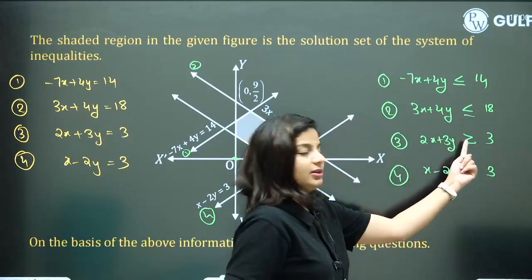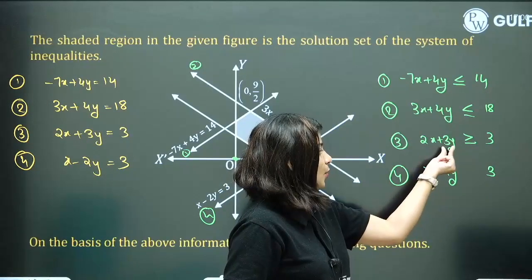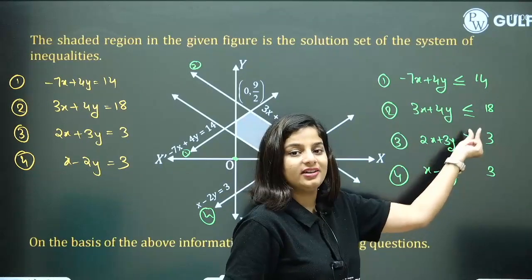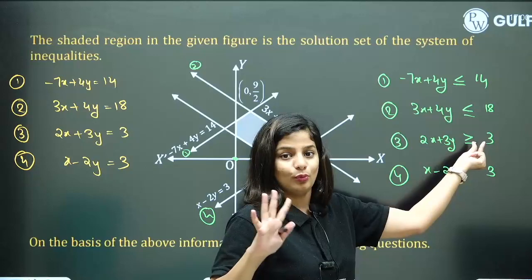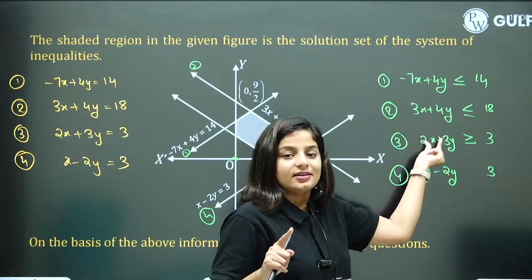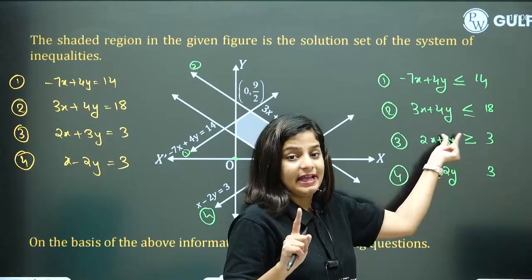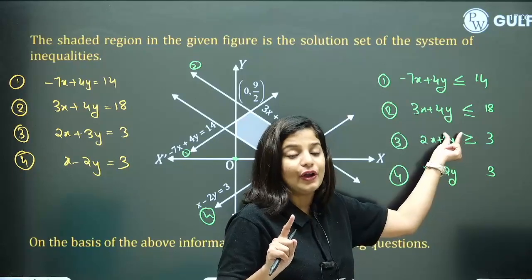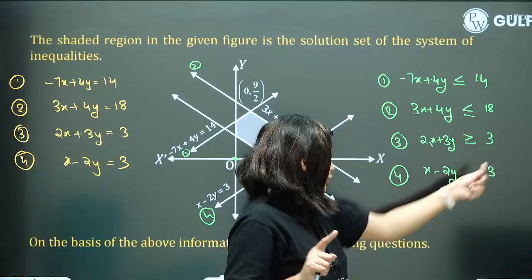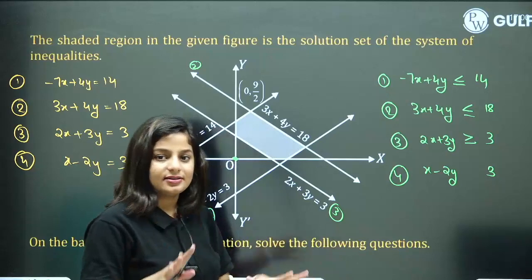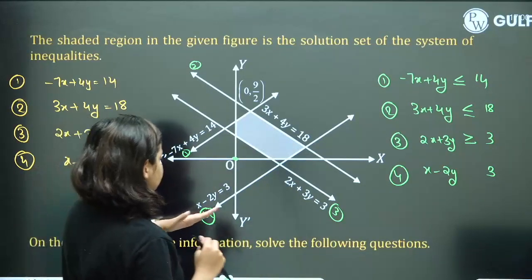I'll put greater than equal to: 0 plus 0, 0 greater than equal to 3. True? No. And that is what we wanted. This shouldn't satisfy. 0 greater than equal to 3 is not satisfying. That's what is needed.